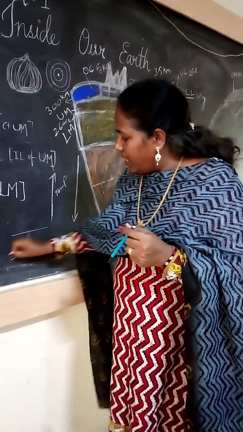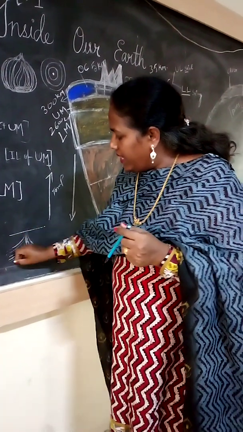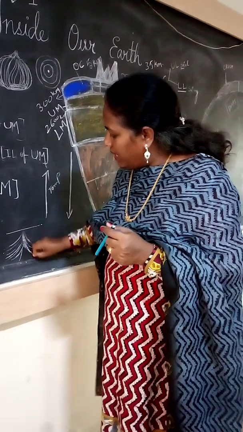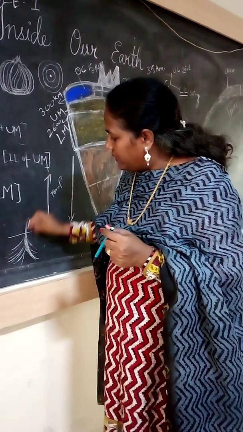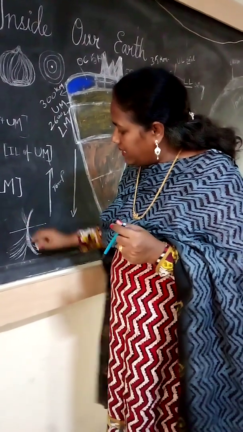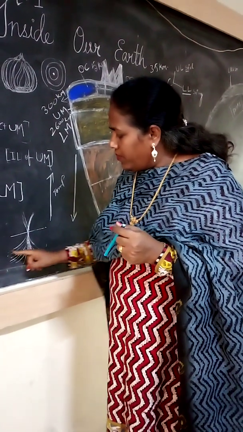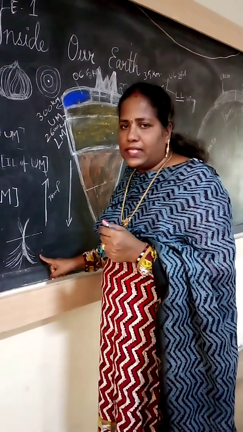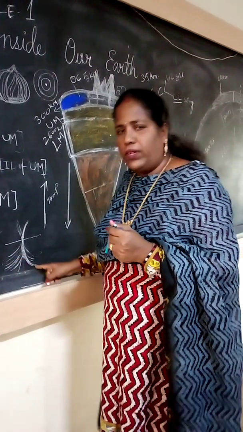The rocks are in liquid form because of the high temperature. When it is coming outside, it is called lava. Inside it is called magma. From the lower mantle it is coming out, the liquid form, magma.